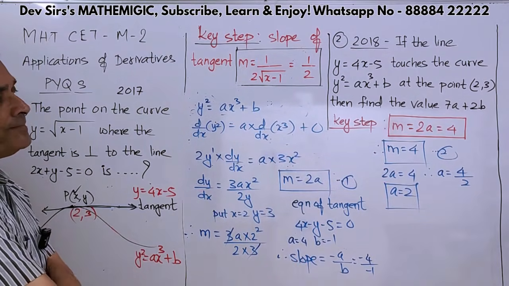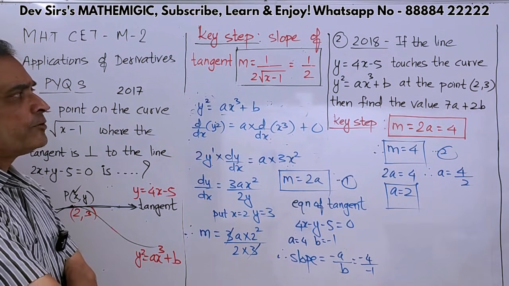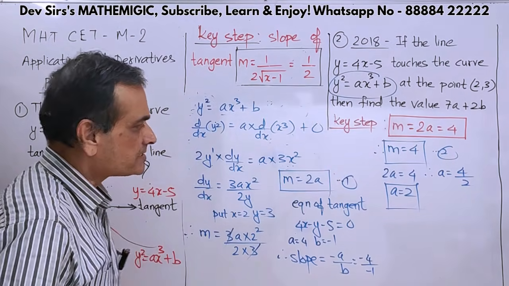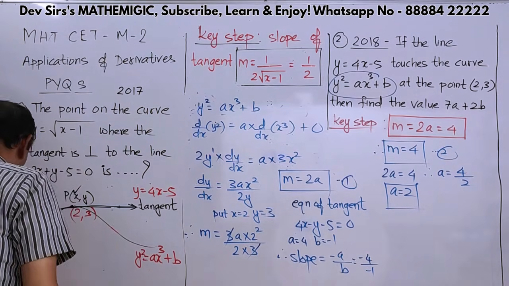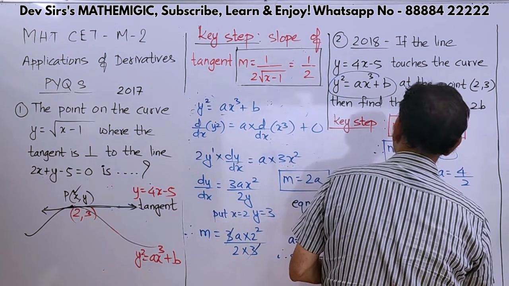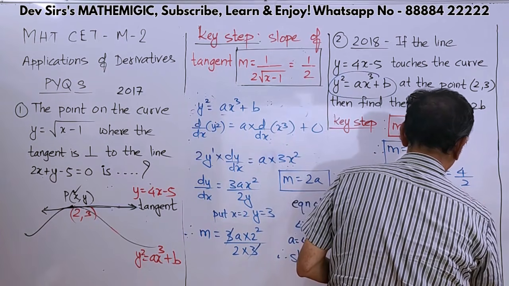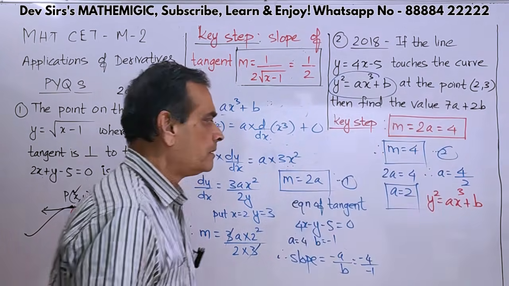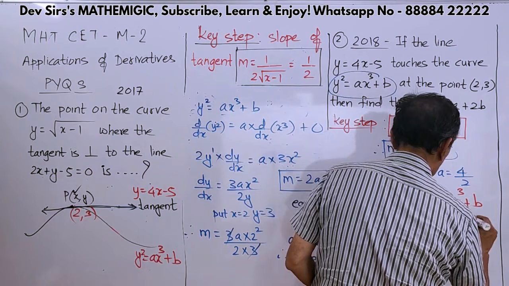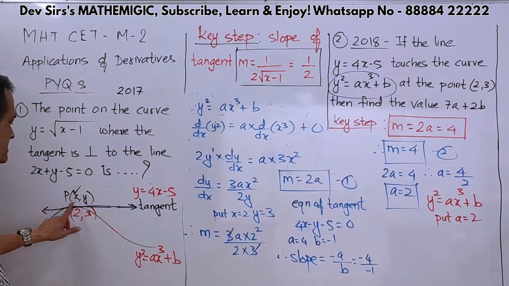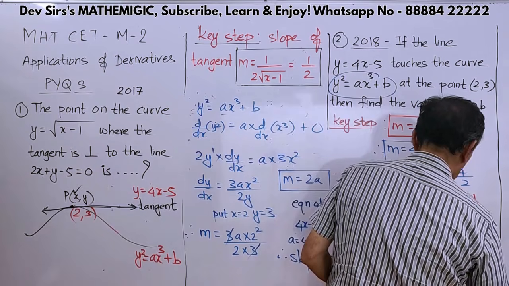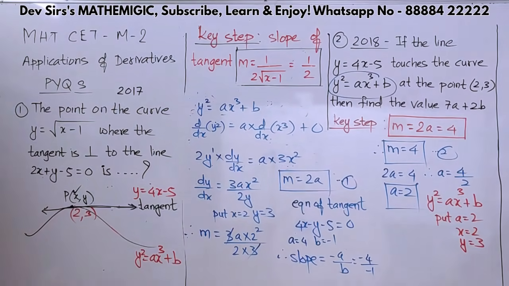Now how will you get the value of b? By substituting, using this equation. Where is b? Here is b. So let us consider that equation. What will we substitute? Put a equal to 2. And what else do we know? x equal to 2, y equal to 3. Let's substitute, and get the value of b.